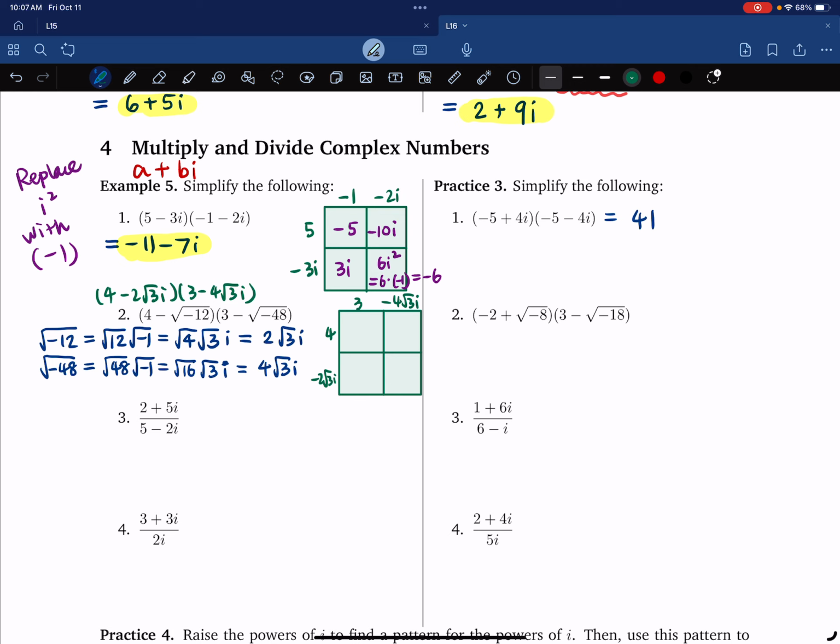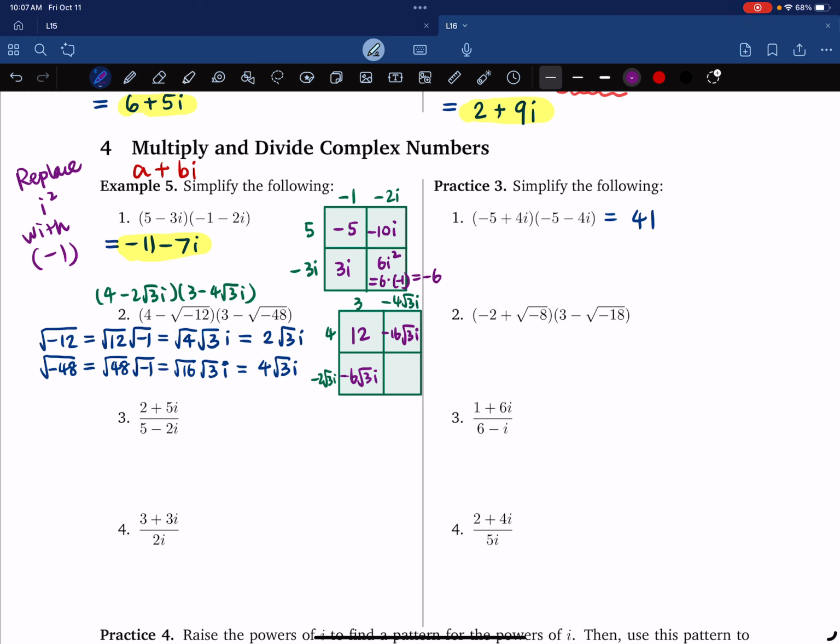All right, and then I'm going to apply the area model to multiply the 2 numbers in each box. 4 times 3 is 12. And then 4 times negative 4 radical 3i, that's negative 16 radical 3i. And then negative 2 radical 3i times 3, negative 6 radical 3i.